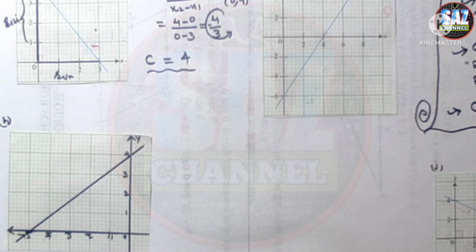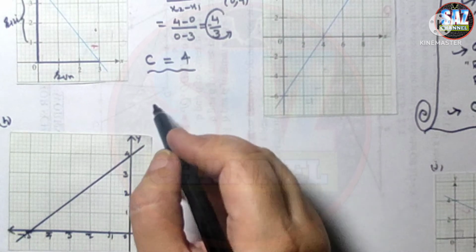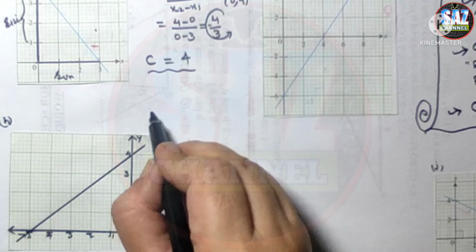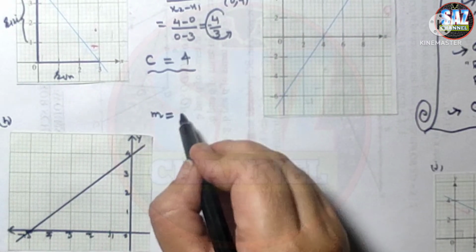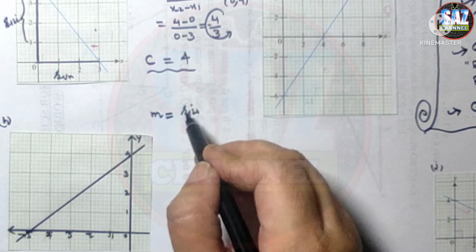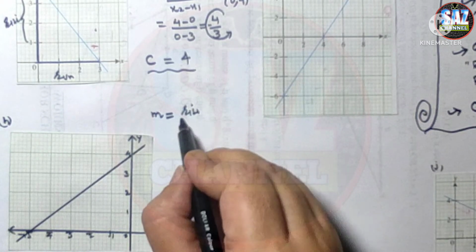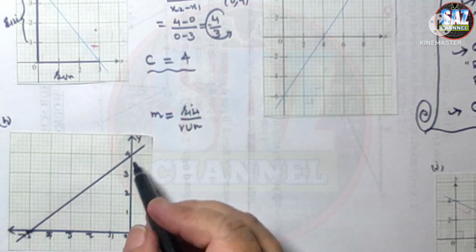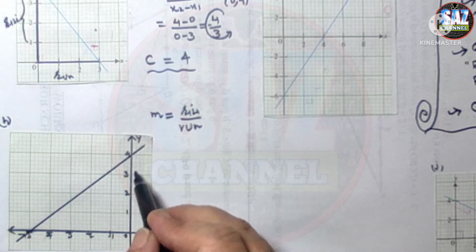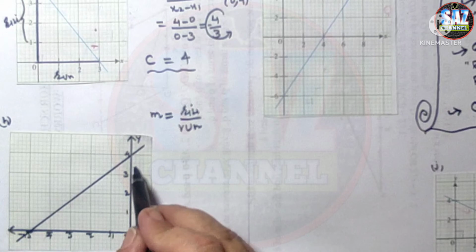So if we want to apply the concept of gradient graphically, that is the ratio of rise to run, and your rise is along which axis? Rise is along the y-axis.